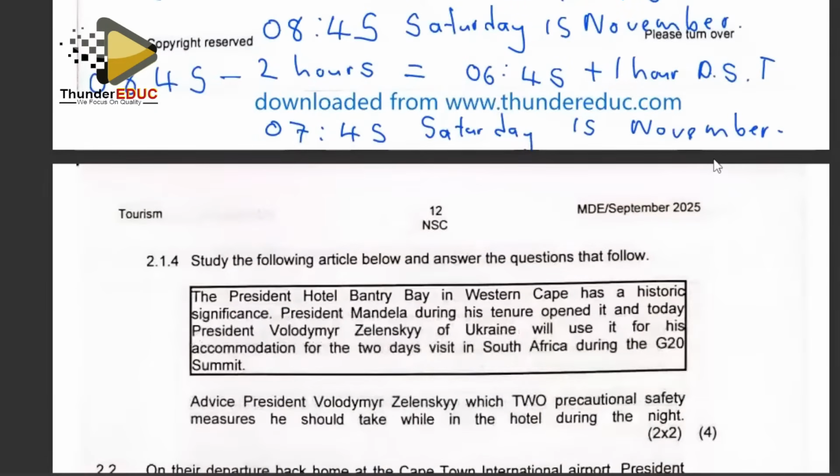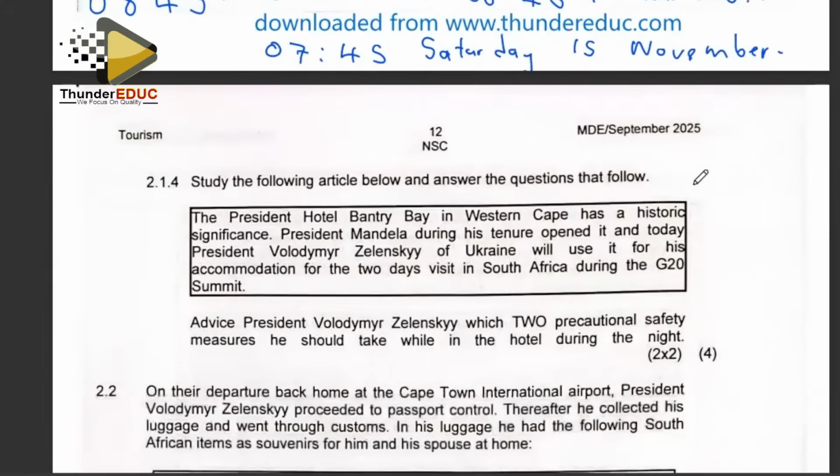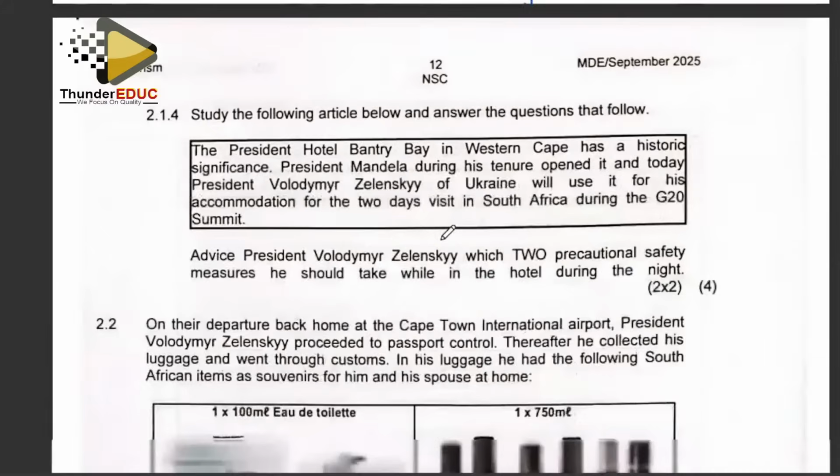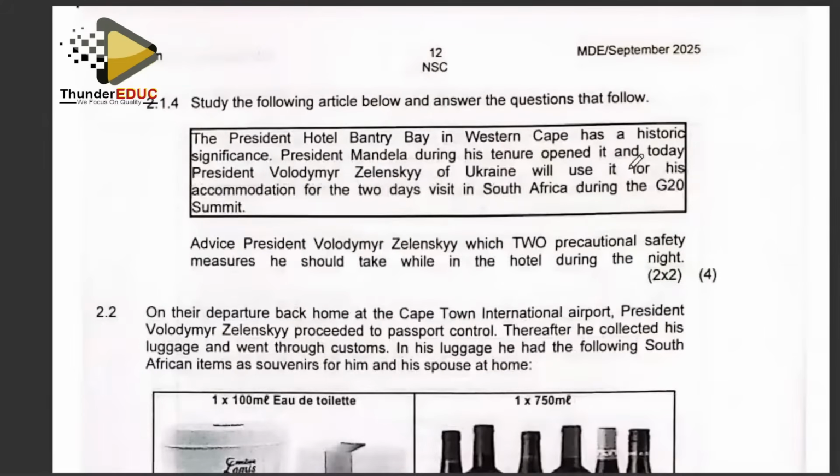Now study the following article and answer the questions that follow. The President's Hotel in Bantry Bay in the Western Cape has a historic significance. President Mandela, during his tenure, opened it, and today President Zelensky of Ukraine will use it for his accommodation for the 2 days visit during the G20 summit. Now the question says, advise President Zelensky which 2 precautionary measures he should take while in the hotel during the night.